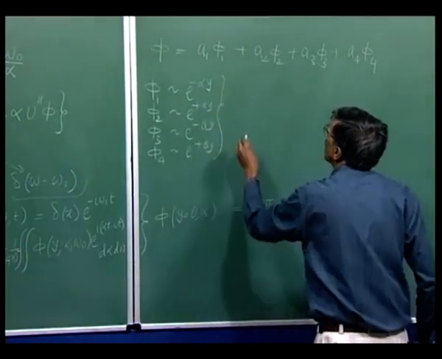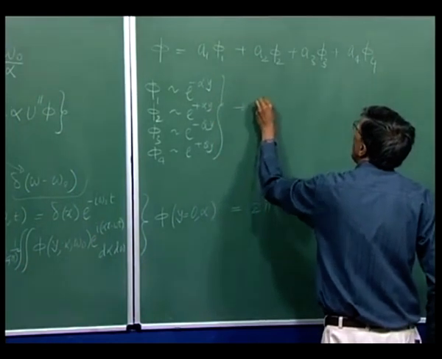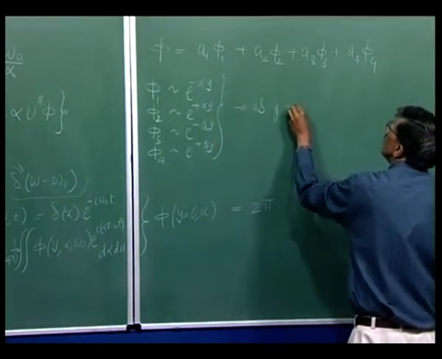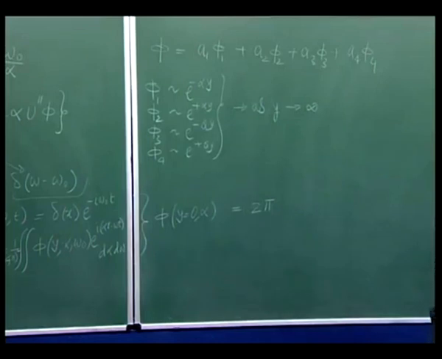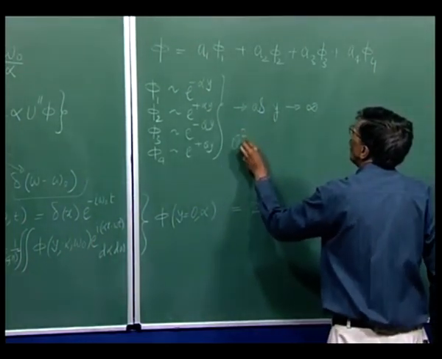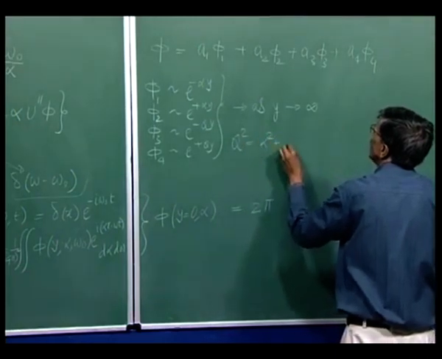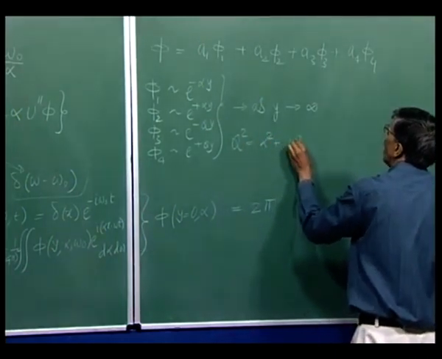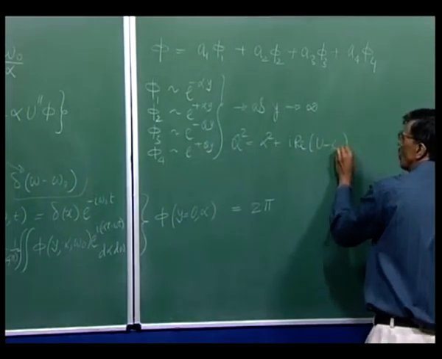This is what we get as we go out of the shear layer, and you recall that q squared was alpha squared plus i R e (u minus c).